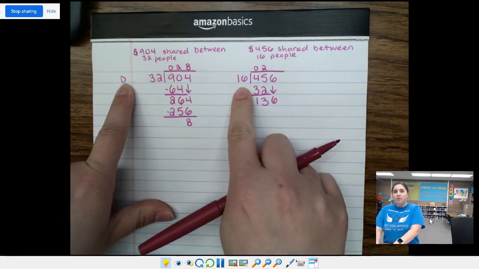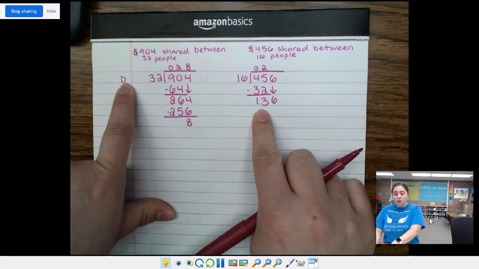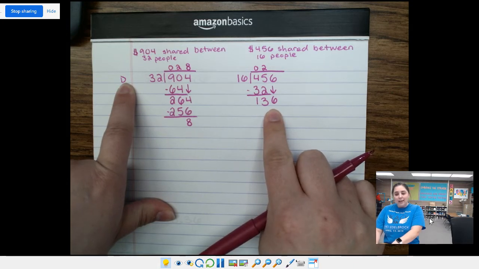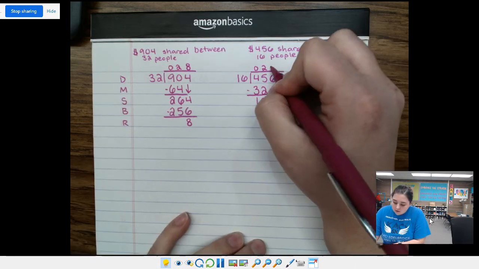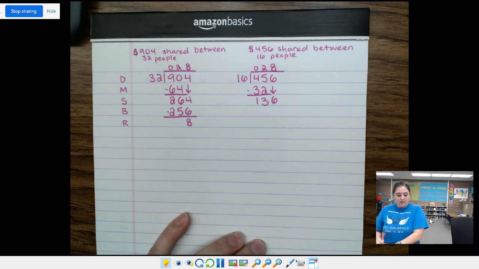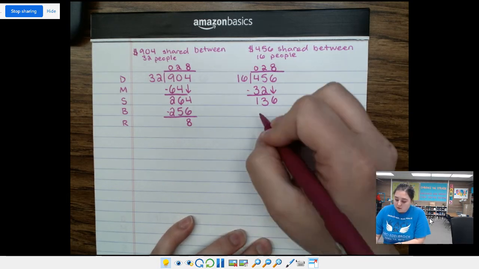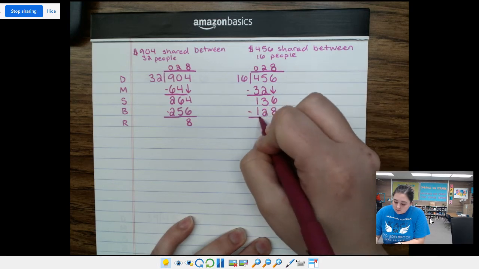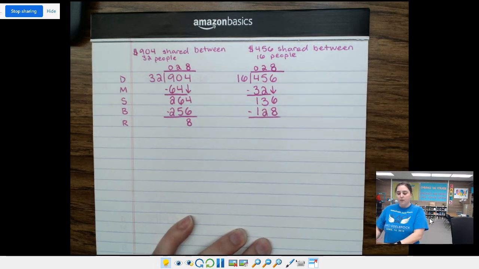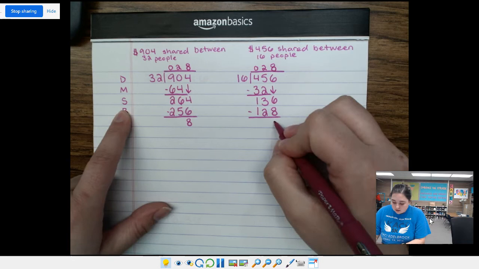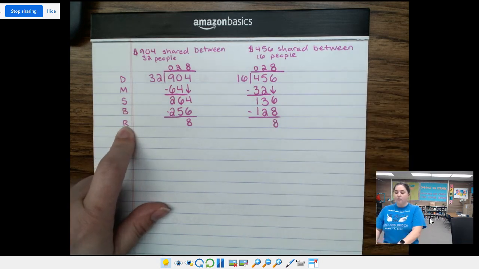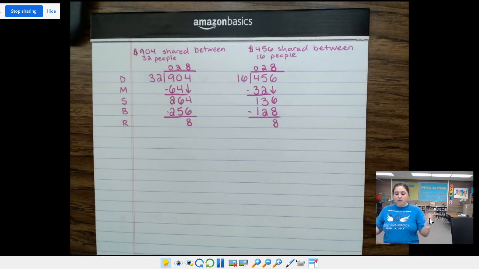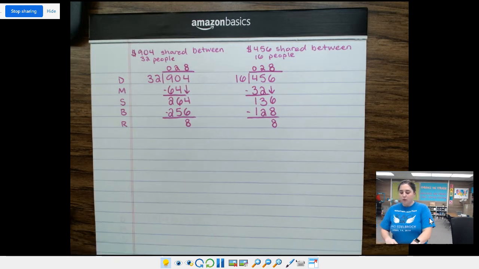Again, I already figured out 16 can go into 136 8 times, which actually got me to 128. And then when I subtract, I got 8 again. And since there's nothing to bring down, I got my answer for this problem.